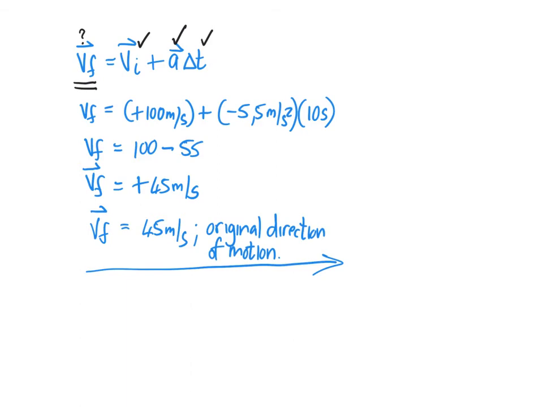So what I would like to ask you to do now is to pause the video and sketch the velocity time graph, the change in position versus time graph, and the acceleration versus time graph for this particular object in this problem.